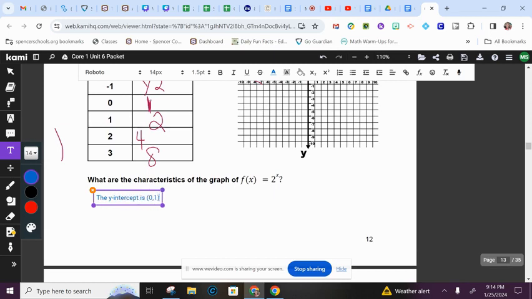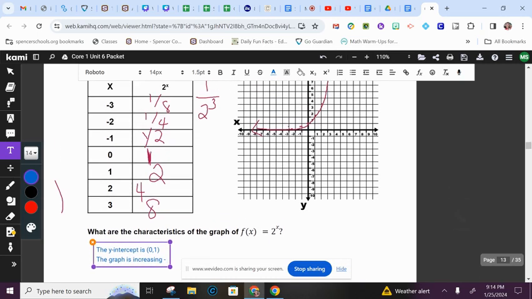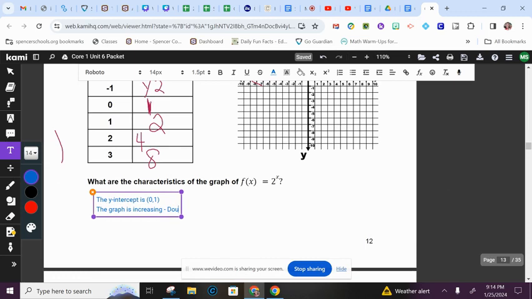So 0, 1, because it's an ordered pair. I notice the graph is increasing. If you want to talk mathematically, every time we go up in this table, the graph is doubling in size, so you can write doubling.